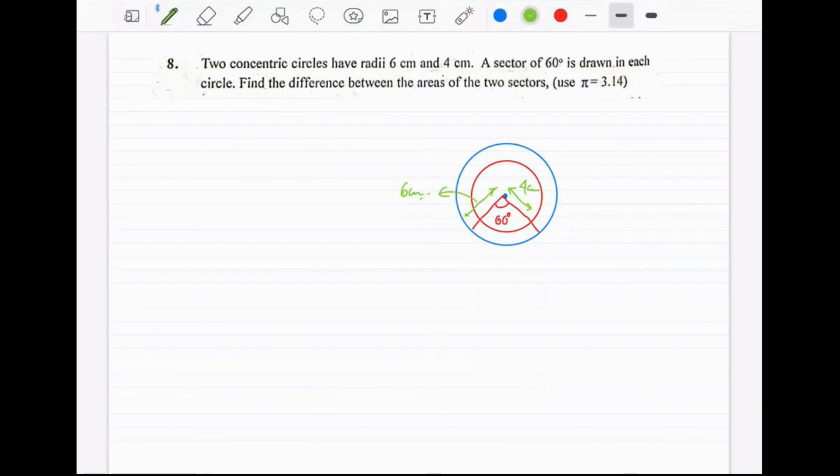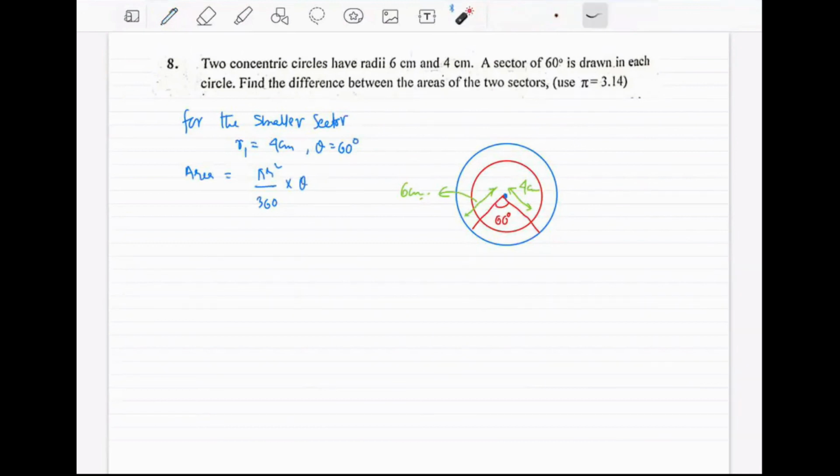Okay, now time to find out the difference between the areas. There are two sectors, right? For the smaller sector, the radius is equal to 4 centimeter. Let's make it R1, okay? Theta is equal to 60 degree. Area will be pi r square by 360 into theta. This r will be replaced with r1 because we are taking the smaller sector, and this theta will be replaced with 60 degree.